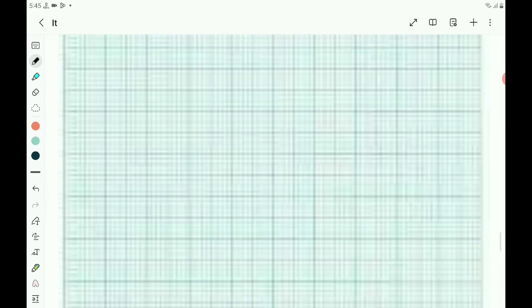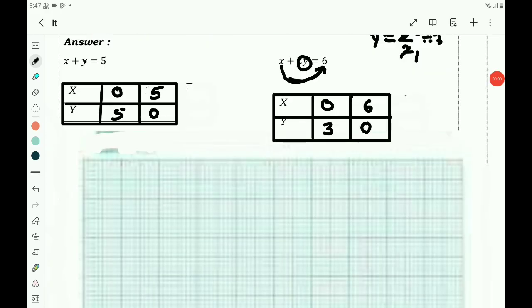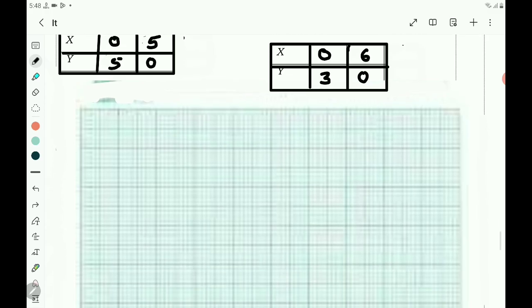Now come to the graph. Now let us come to the graph sheet. Observe the maximum on x-axis and maximum on y-axis. Here the maximum is 5, here 6. So out of these you can have 6 as a maximum. Here 5 is there, here 3. So 5 is maximum. For x-axis you must have the number 6 as maximum, and for y-axis 5.